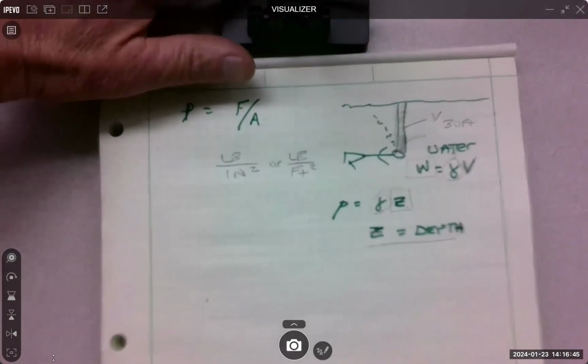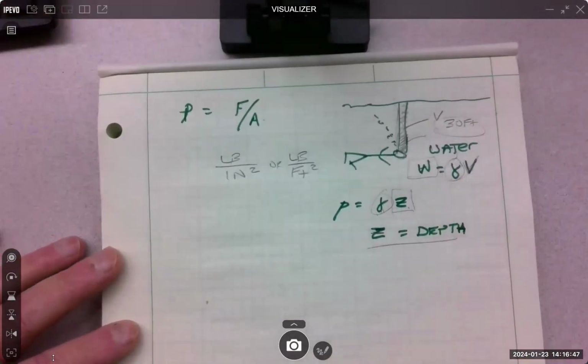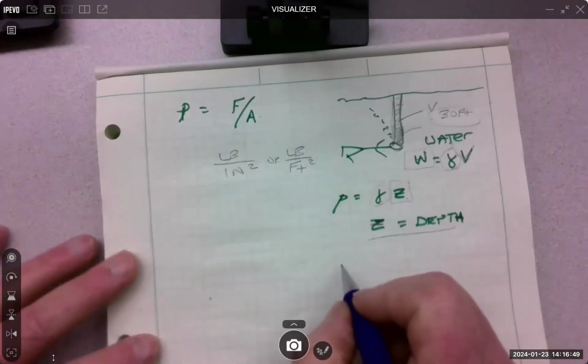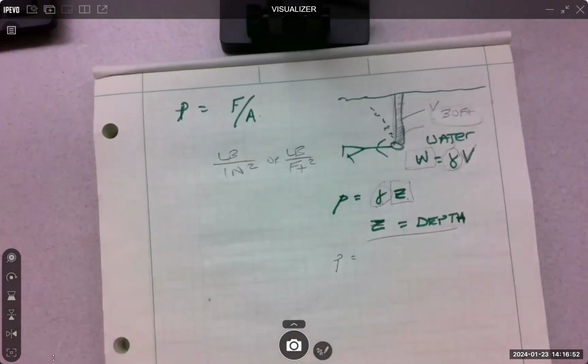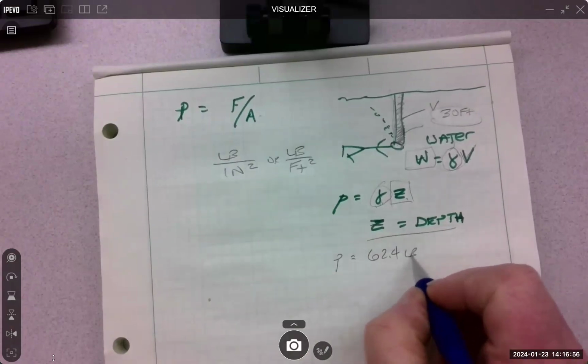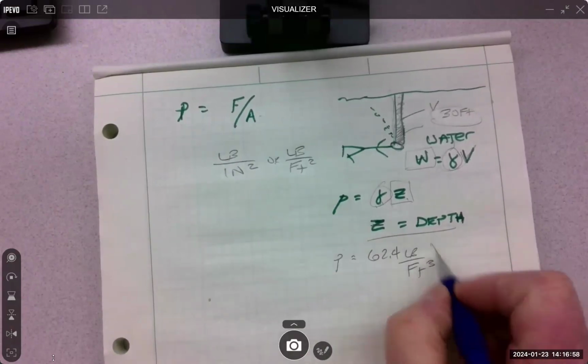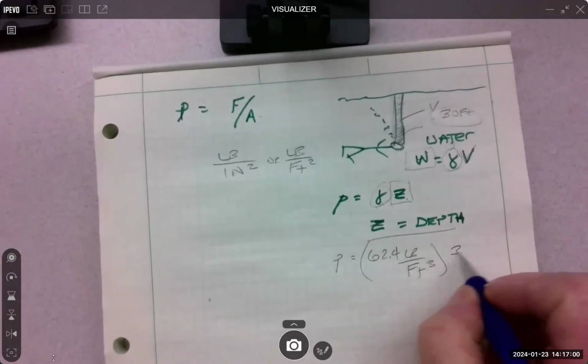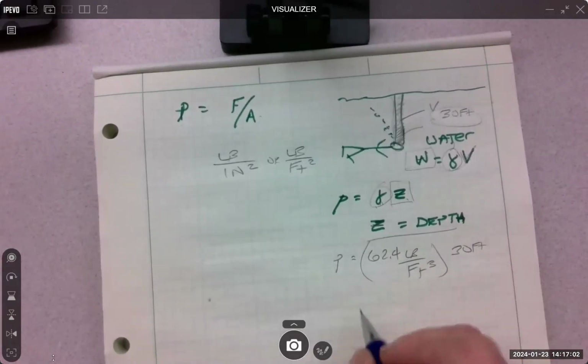So my little diver here, who's 30 feet deep, is going to get a pressure of 62.4 pounds per foot cubed times its depth of 30 feet.